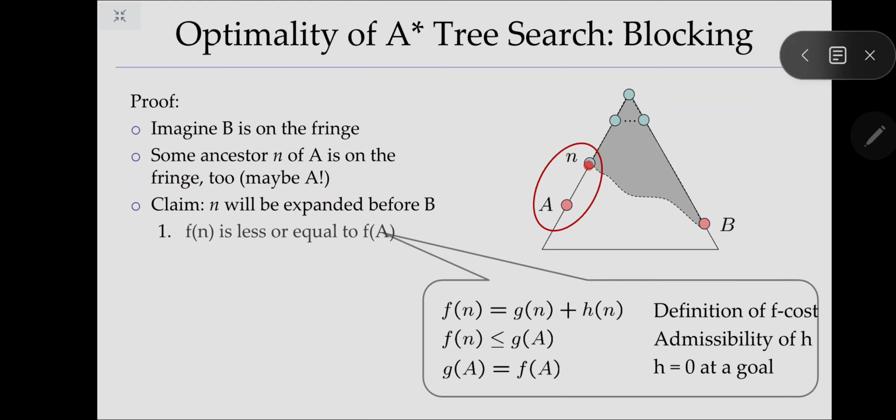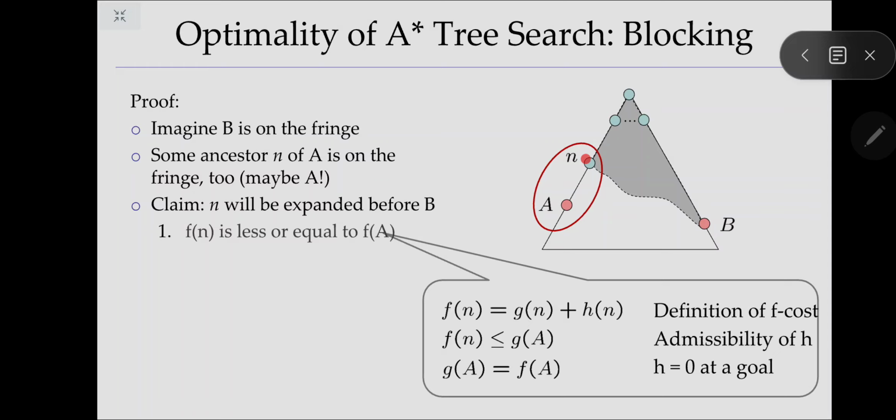That means when we start from the starting state and expand different nodes, we can check all of the neighbors, and one of the neighbors in the barrier of the fringe can be denoted as N, which is the bridge between the starting node and A. This is the bridge on the path.